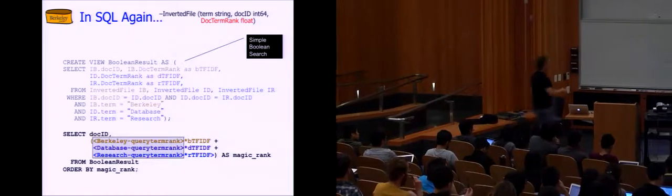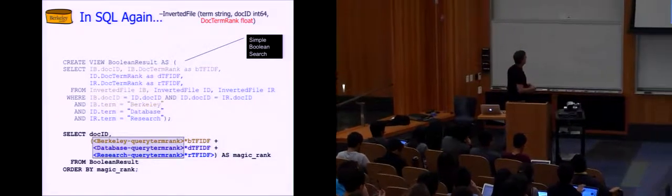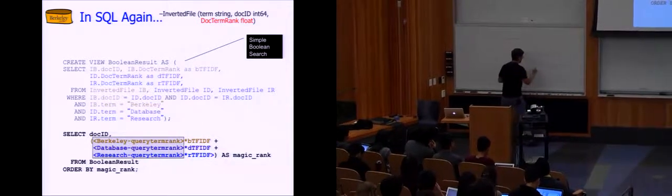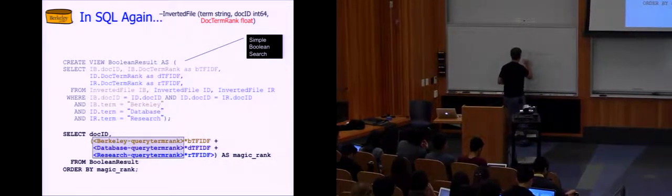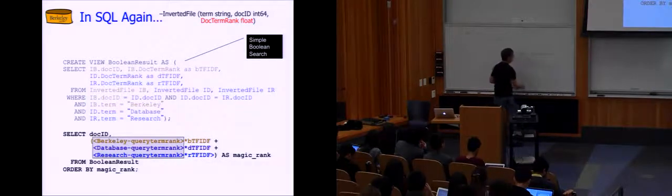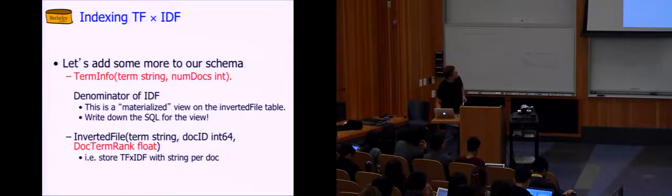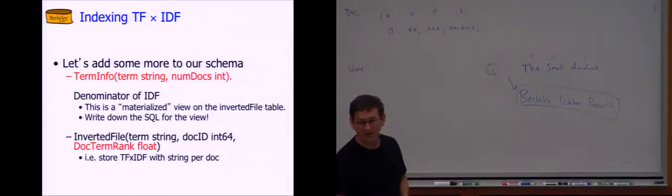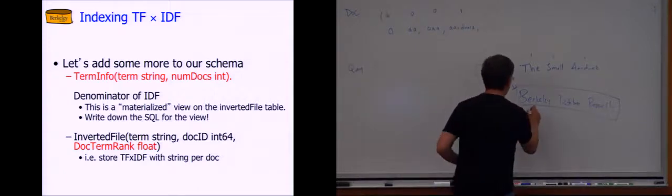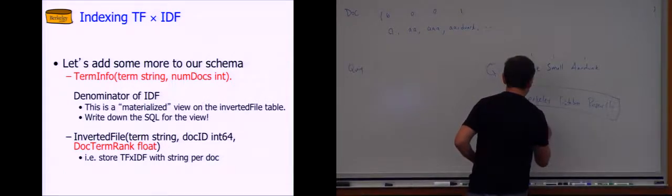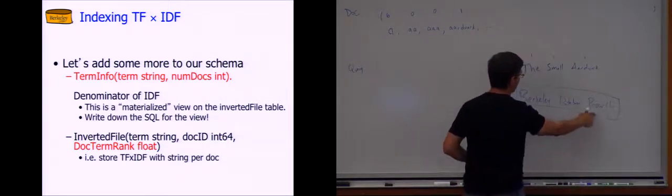Question: the query term rank was all one for...? The query term rank, and maybe I should blow this up, is actually computed in a separate query where you take the words in the search query. So this is a search query in the search box. You take each one of these words and you look it up in the table term info to get num docs, which is the document frequency. And then this is 1 over num docs for Berkeley, 1 over num docs for database, 1 over num docs for research.